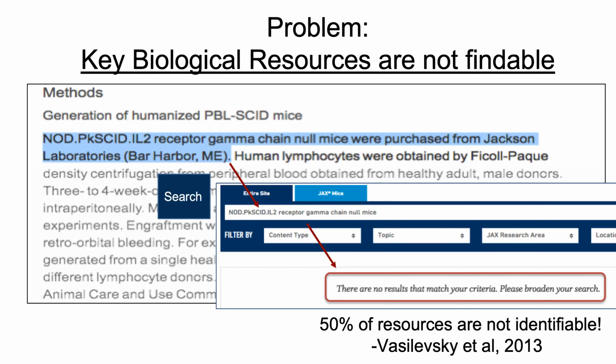There's a publication in 2013 that described this. This is just an example of a paper where someone described a mouse, and trying to find it at Jackson Labs, you can't actually find it through their site, and there's no easy identifier to use to track down what organism this was.